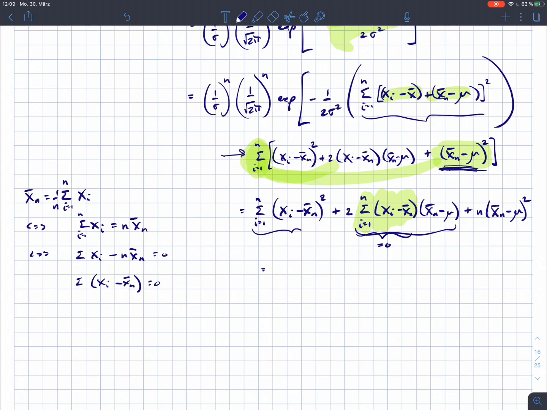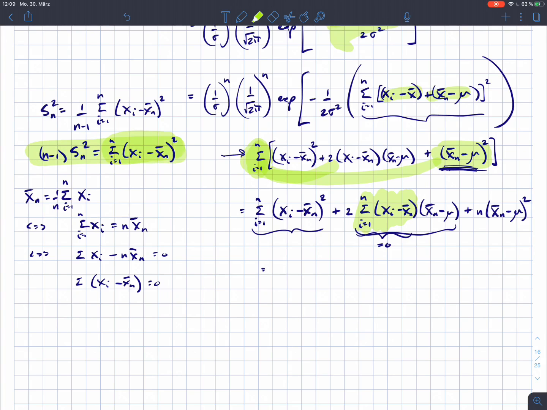This thing, let's go ahead and rewrite it. Remember my sample variance was 1 over n minus 1 times the sum of (xi minus x bar) squared. So if I move the n minus 1 over to the other side, then I can say that n minus 1 times the sample variance is this sum.